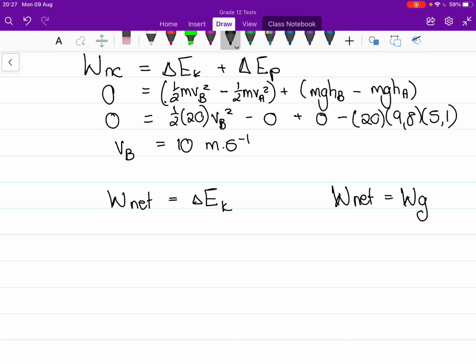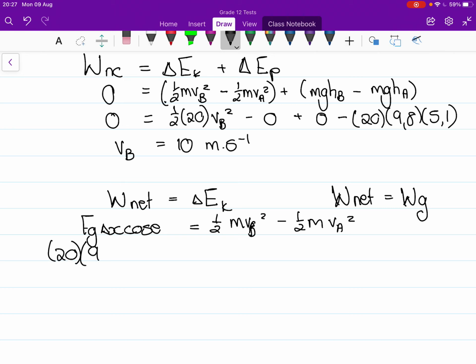We know what that vertical height was. So I could go Fg delta x cos theta equal to a half mVB squared. So Fg is 20 times 9.8, delta x was 5.1, and this becomes cos 0 because it's moving down and gravity acts down.